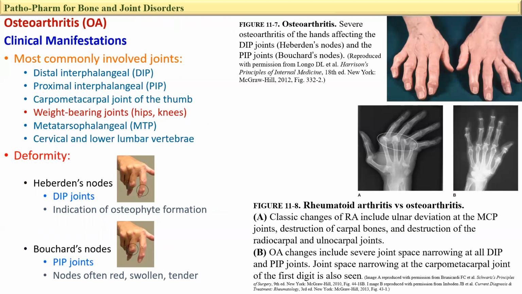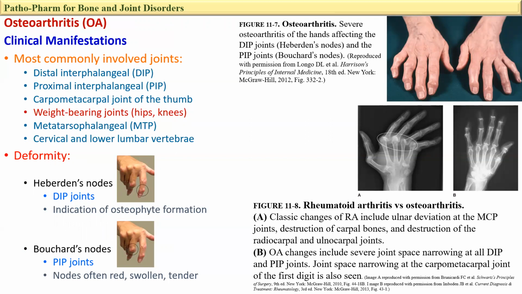Osteoarthritis clinical manifestations affect the DIP and PIP joints, the distal interphalangeal and proximal interphalangeal joints, which are the most commonly involved. The weight-bearing joints, the hip and knee, are the two most commonly replaced joints.